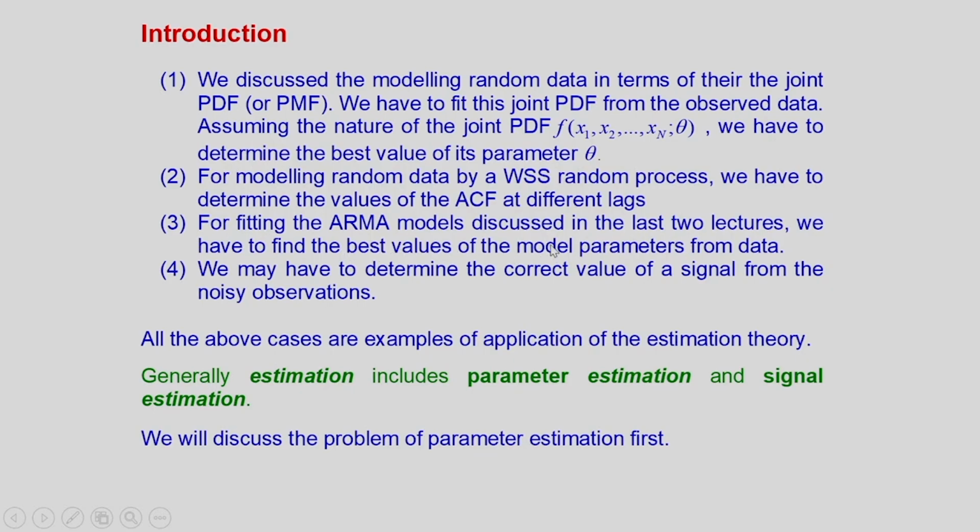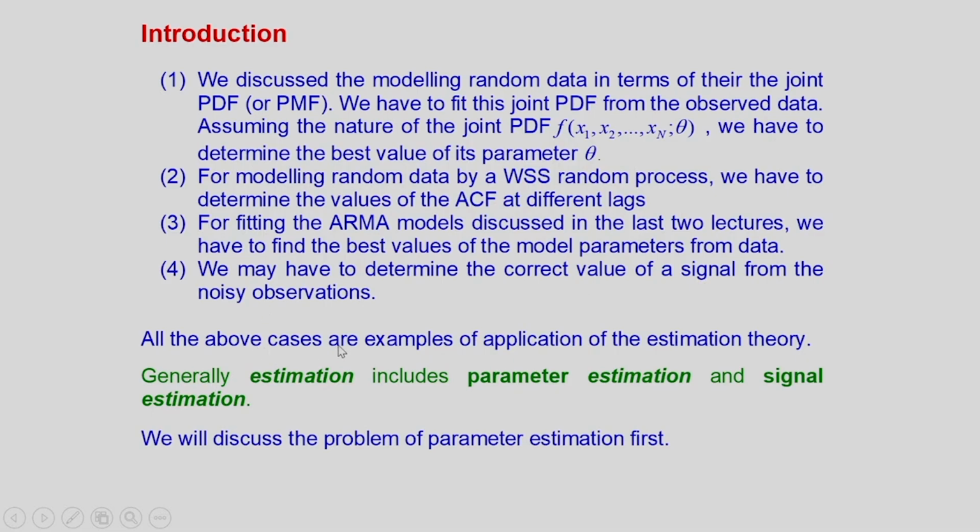This is again a case of estimation of the model parameters. We may have to determine the correct value of a signal from the observed noisy data. So, this is also a case of estimation of signal from noisy observations.